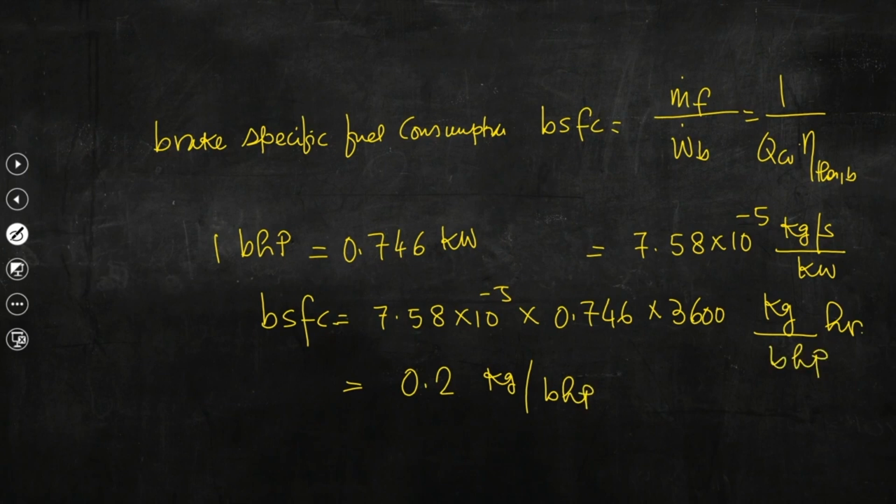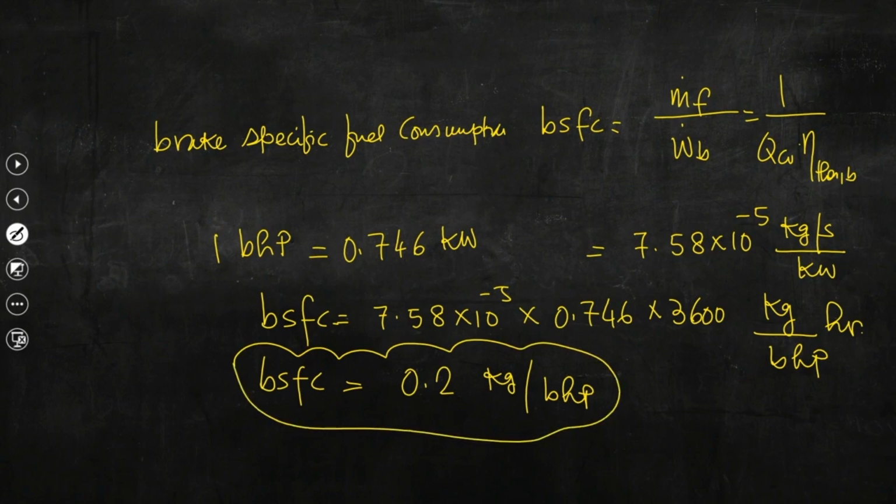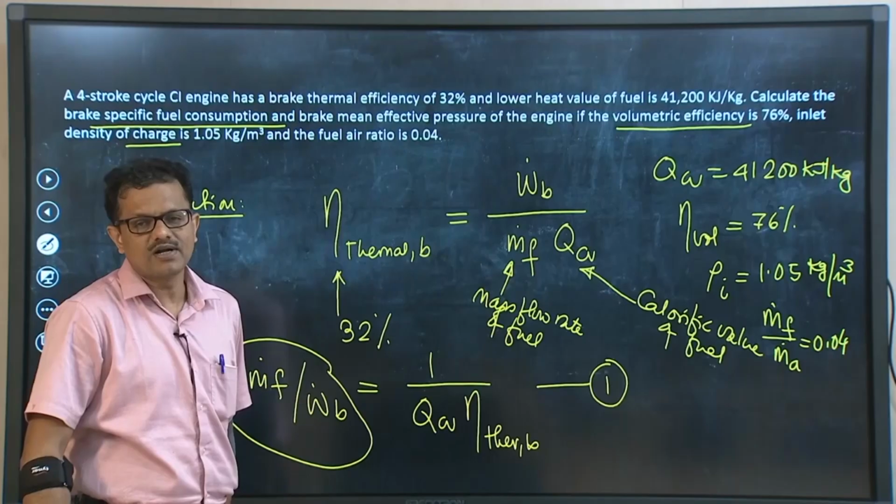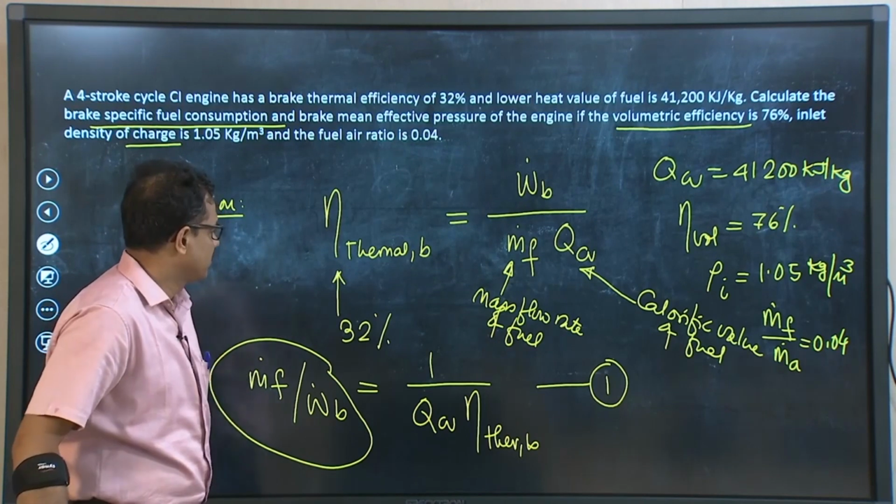So, this is the brake specific fuel consumption. The answer to the first part of this question is brake specific fuel consumption BSFC, and that we have already calculated, that is 0.2 kg per brake horsepower hour.